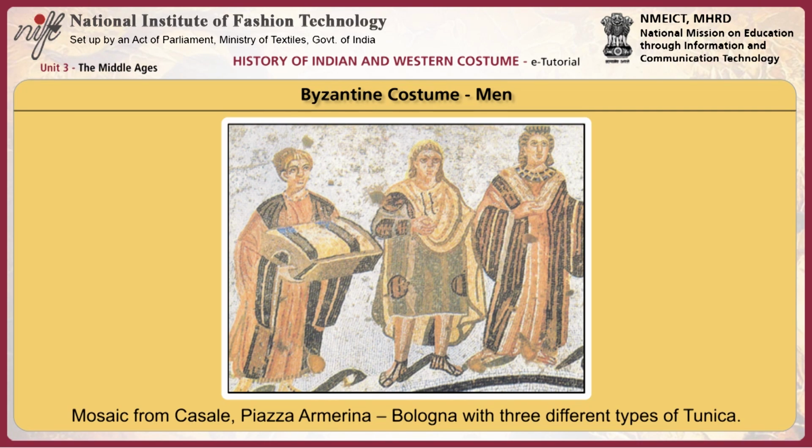This is known as the blouson effect. Fabrics had overall patterns and bands of jeweled decoration were placed at hems and on sleeves, with wide decorative yokes at the neck. Hose was worn as a leg covering with short tunics. Some had horizontal bands of geometric patterns.